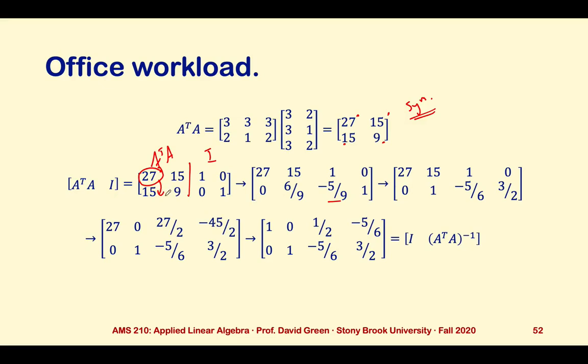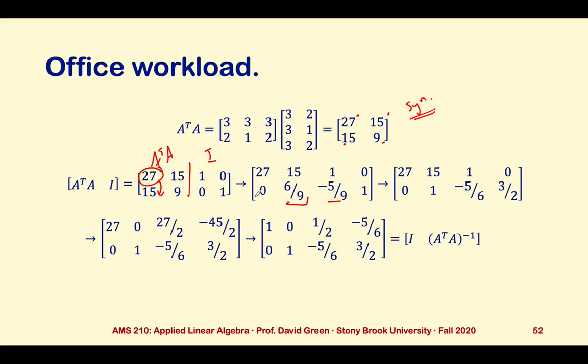So 81 minus 75 over 9 gives us 6/9. A little bit of messy arithmetic in calculating this, and you can always write it down if it simplifies, but it doesn't give us too messy of a final answer. 0 minus 5/9 of 1, of course, is negative 5/9, and 1 minus 0 remains 0.